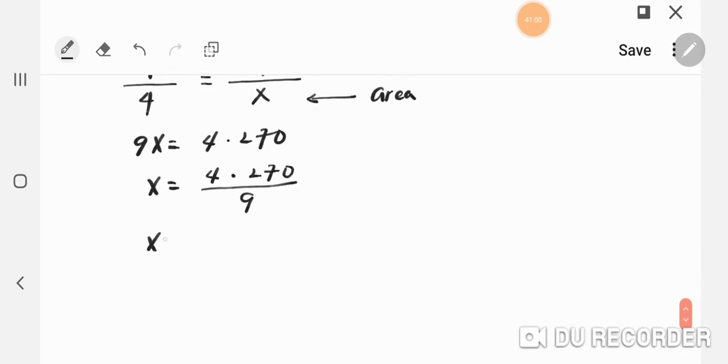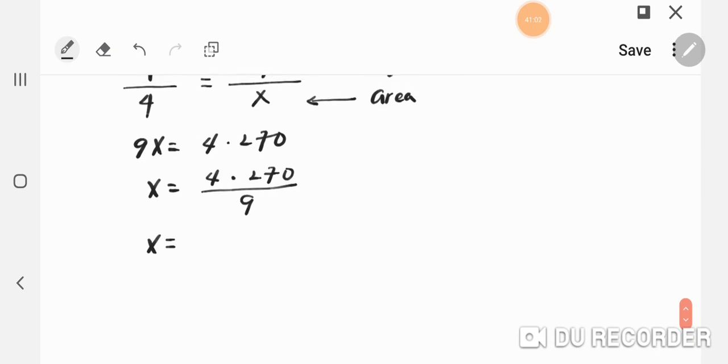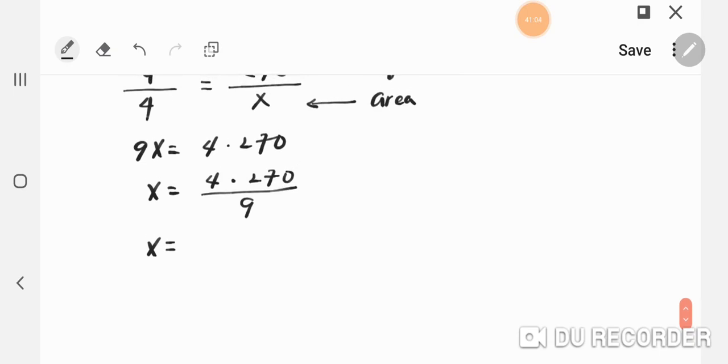Then x equals, you can reduce 270. 9 over 9 is 1. 270 divided by 9 is 30. So this will be 4 times 30. Then x will be 120. So 120, and the unit for the area is square feet.